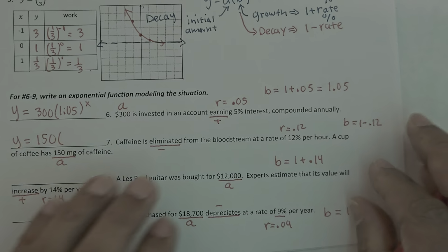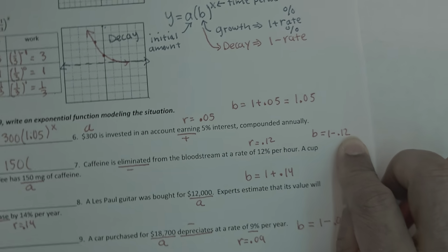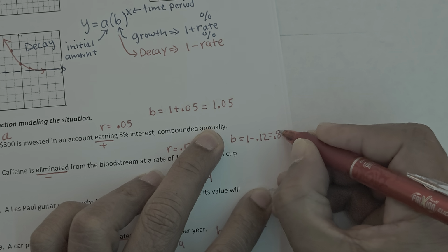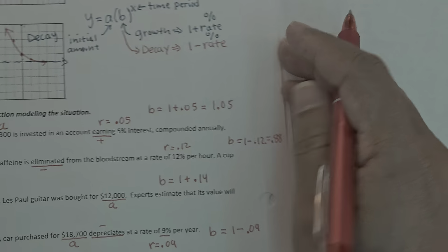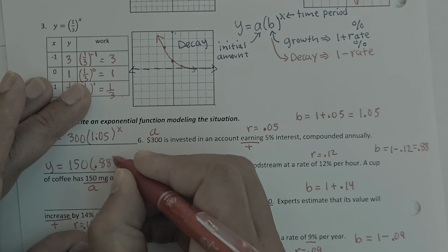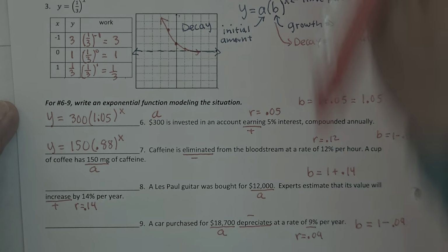And now let's get the B value. So the B value is 1 minus the rate, which in this case is going to be equal to 0.88, because 1 minus 0.12 is 0.88. So then that goes here, 0.88. And this gets raised to the power of x, which represents the amount of time.